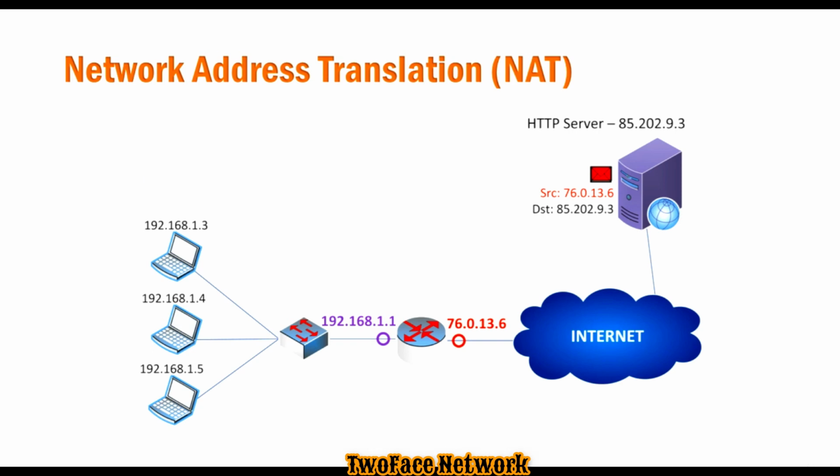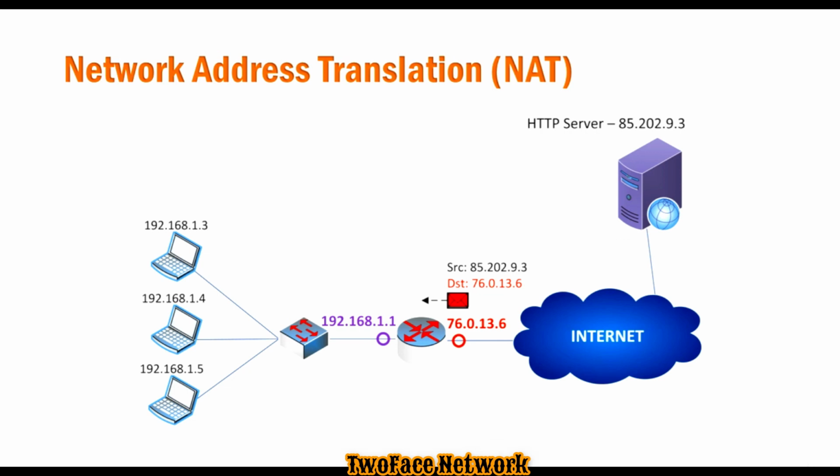Now, when the server sends its response, the source IP address of the response is going to be the IP address of the web server, so it's going to be 85.202.9.3, and the destination IP address is still going to be the public IP address of the router.